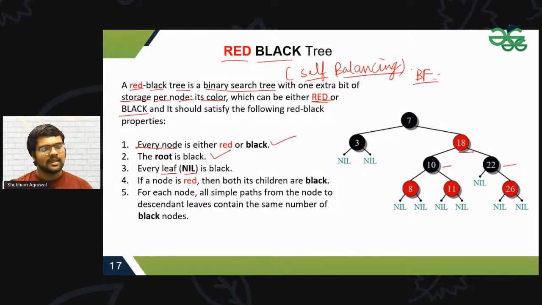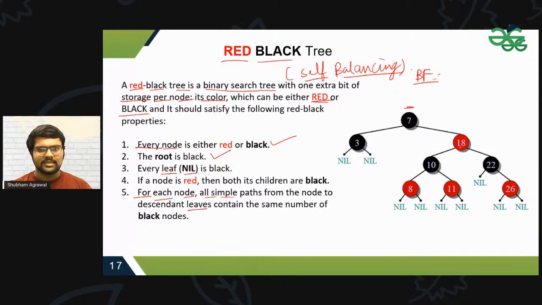And for each node, all the simple paths from the node to its descendant leaves contain the same number of black nodes. So here in the red black tree, starting from every node, if we see every path, from 7 to this leaf 3 there are 2 black nodes. From 7 to 8 there are only 2 black nodes in this path.